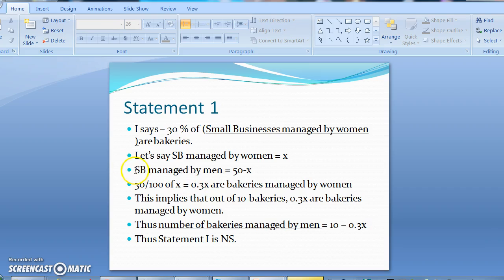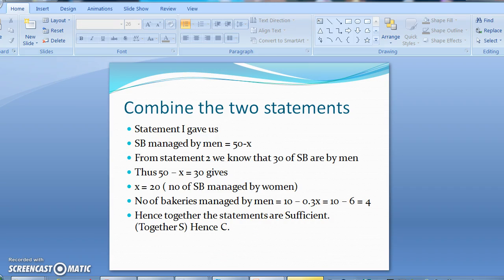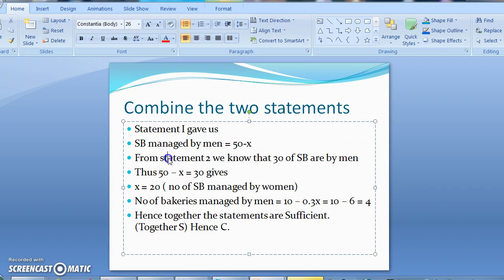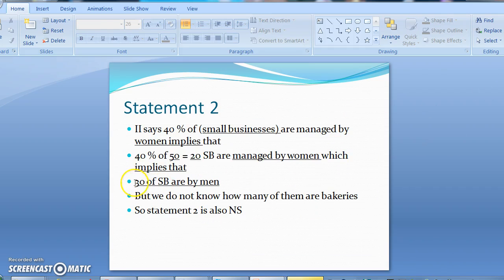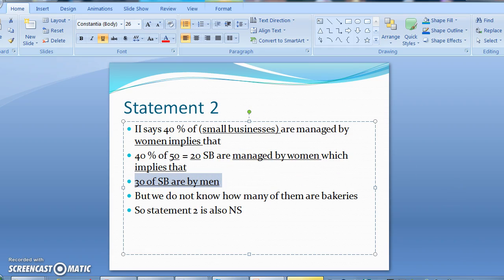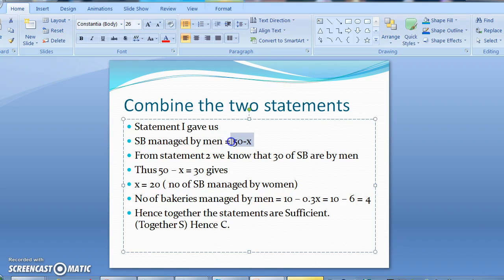Now, from statement 2, we know that 30 of the small businesses are managed by men. Therefore, can we equate these, because this is also the number of small businesses managed by men?